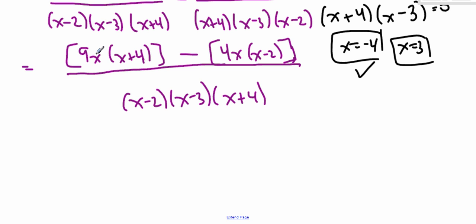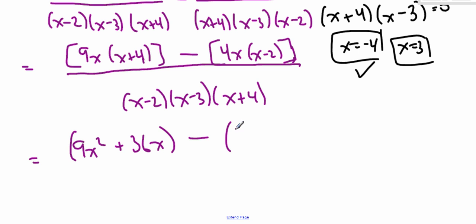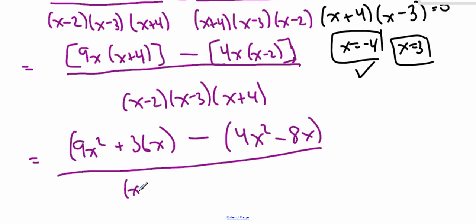But we don't want to leave it like this. Let's see what happens if we actually do the algebra implied by the numerator. So I'm going to have 9x squared plus 36x, that's on the left, minus 4x squared minus 8x. And again, we can't ignore the fact that there's a denominator. Don't be lazy and forget to write it and lose marks just for being lazy.